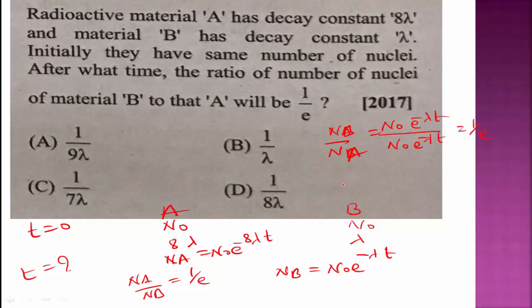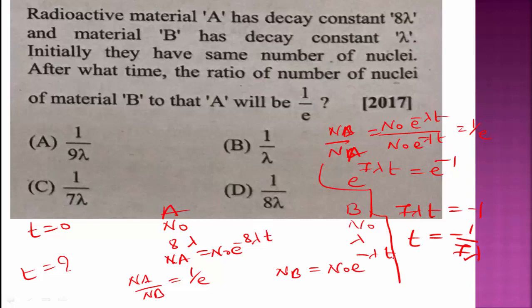It is equal to 1 divided by e, and e to the power of minus 7 lambda into t is equal to e to the power of minus 1, and 7 lambda t is equal to 1. Therefore t is equal to 1 divided by 7 lambda. Time can never be negative, that's why the question is not correct. Question is not correct, but here option C is the right answer.